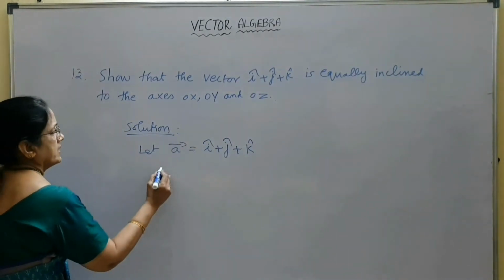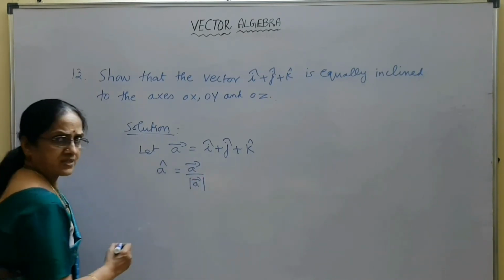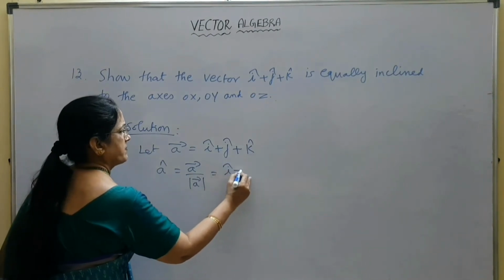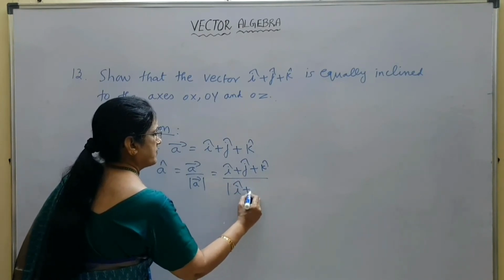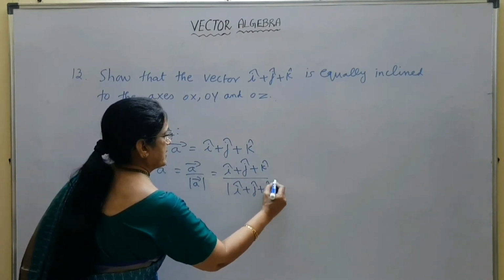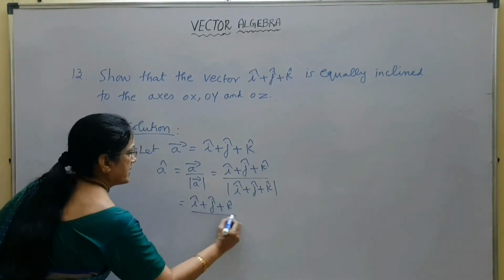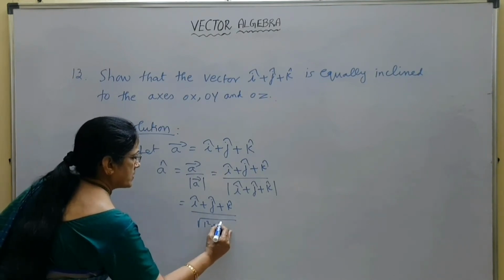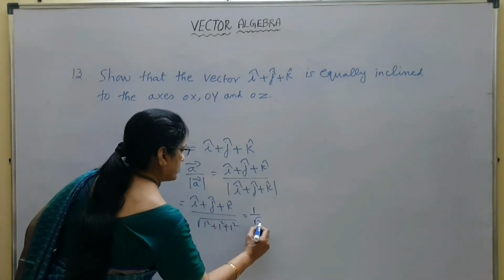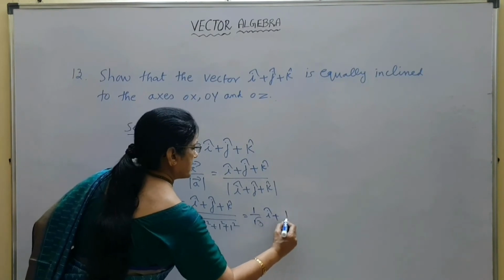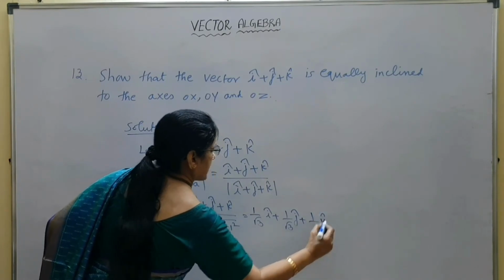Now, A cap is going to be A vector by mod A vector, which is nothing but i cap plus j cap plus k cap by modulus of i cap plus j cap plus k cap, which is i cap plus j cap plus k cap by square root of 1 square plus 1 square plus 1 square, which is going to be root 3, which is nothing but 1 by root 3 i cap plus 1 by root 3 j cap plus 1 by root 3 k cap.